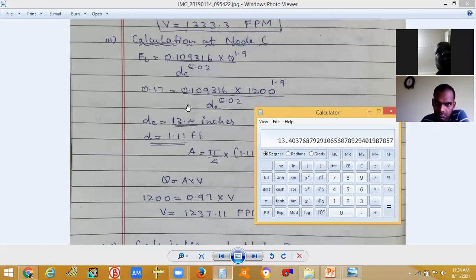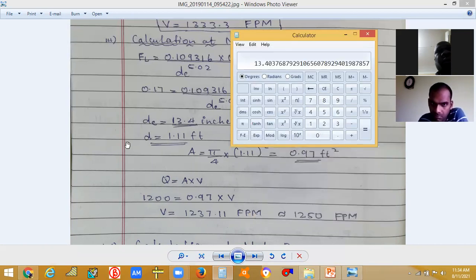You'll be getting the value in inches. Now you have to convert it into feet by dividing by 12. Does anyone have any issue in getting the DI value, the diameter in inches? Anyone else? You are getting this 13.4, right?